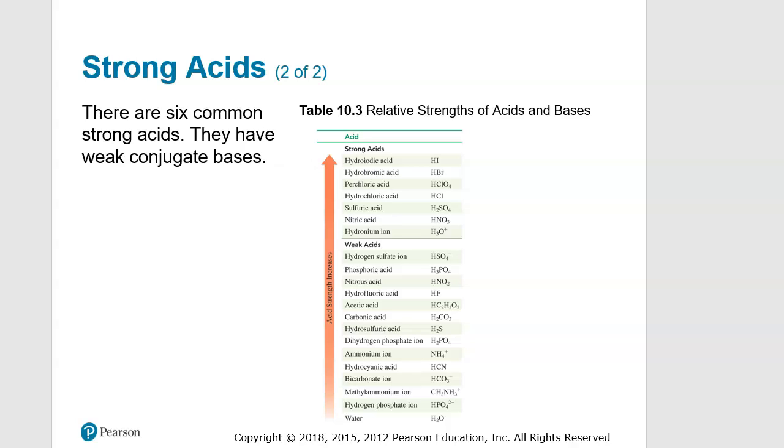Iodide ion has very little tendency to accept a proton. So the water picks up the protons that are available, and they pretty much stay as hydronium ions. Of course, weak acids we're going to talk about later, and some weak bases. So there are the six common strong acids: hydriodic, hydrobromic, perchloric, hydrochloric, sulfuric, nitric, and then an additional hydronium ion, which makes a 7.